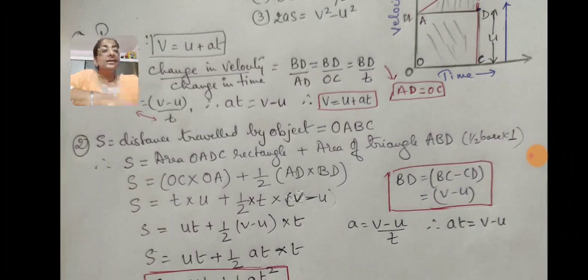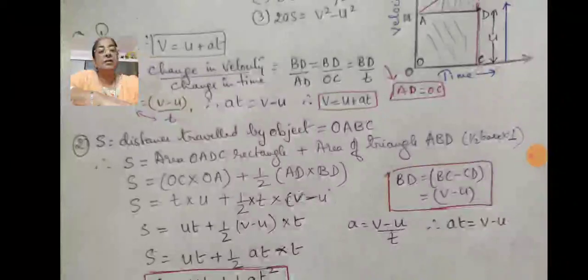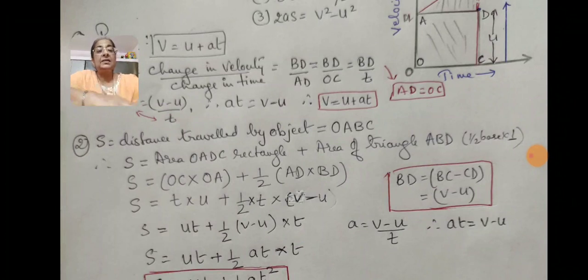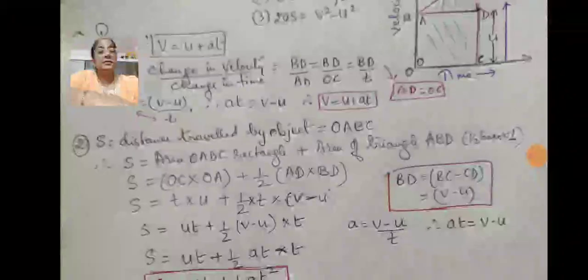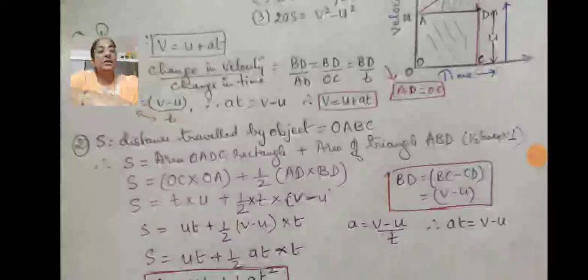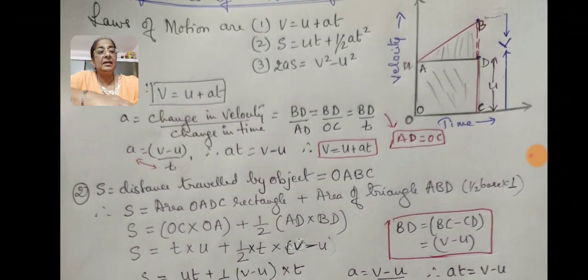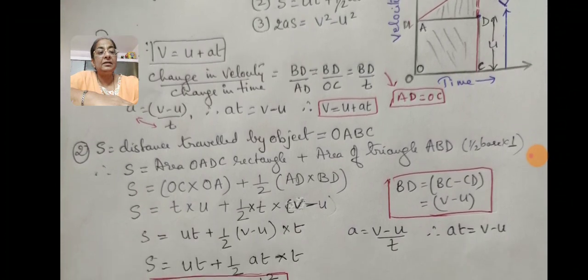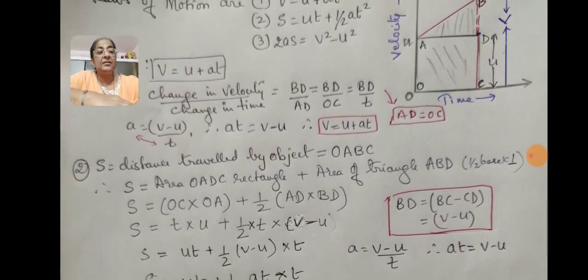You know that area of triangle is equal to half base into perpendicular. You have studied in your maths class. s is equal to OC into OA plus half into AD into BD. Did you get me? Because area of triangle and area of rectangle.